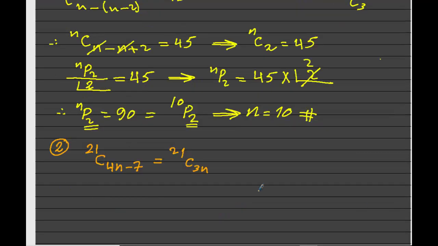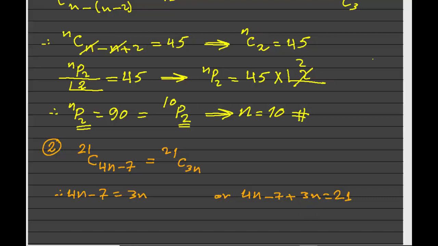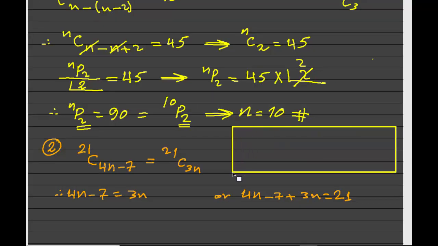Now here we have 21 and 21, so 4n minus 7 equals 3n, or 4n minus 7 plus 3n equals 21. It is the rules of combinations. Here, remember it.